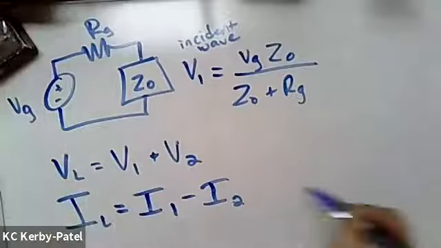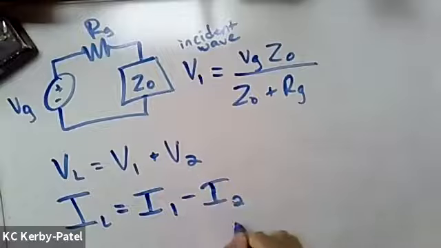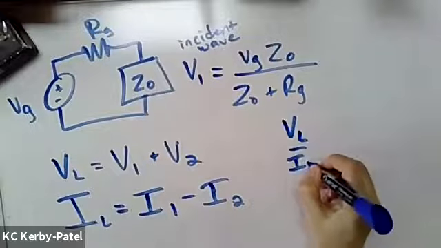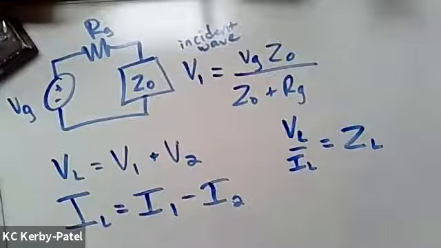But we also have these relationships where V1 over I1 has to be Z naught, and V2 over I2 has to be minus Z naught because of the sign convention, because they're in different directions. And we know that VL over IL has to be equal to whatever the load impedance actually is.